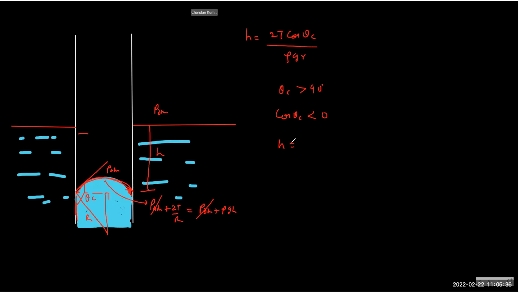So if h is less than 0, then instead of rise, it will fall. Is it clear? Yes, sir.